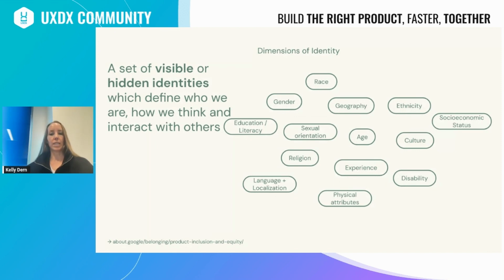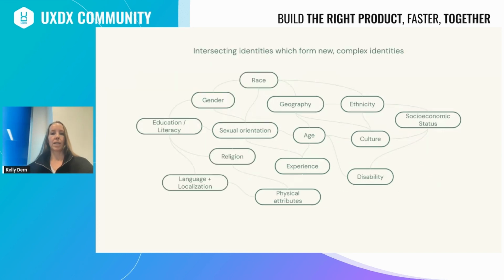I'm going to use this list of dimensions of identity for this exercise, but these are often changing. Some are being added or refined, but for our purposes, we'll use this list. And these identities can intersect and inform new complex identities. So your age might interact with your gender or your race, your ethnicity, and creates individuals who have really complex needs and identities, which are not defined by the individual identity alone.